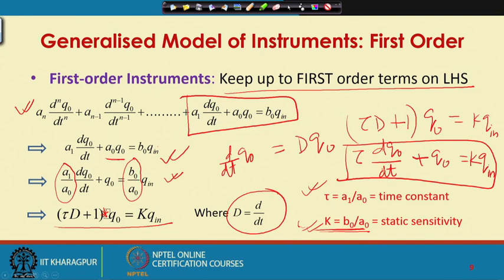Setting small d dt as capital D, you will get this equation. So, this equation represents a first order instrument which has two parameters, one is time constant, another is static sensitivity.